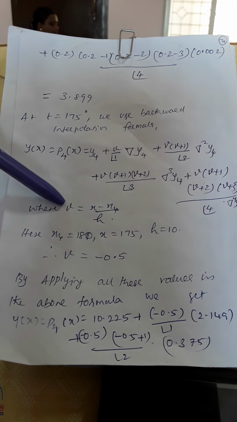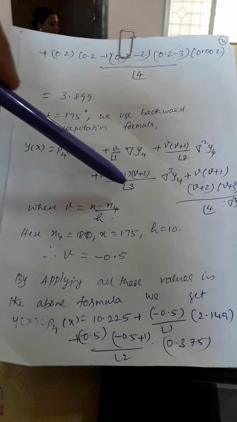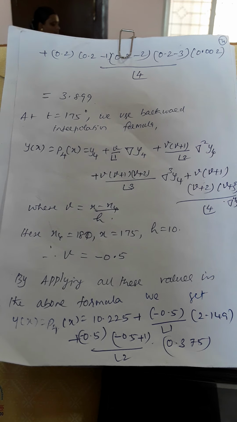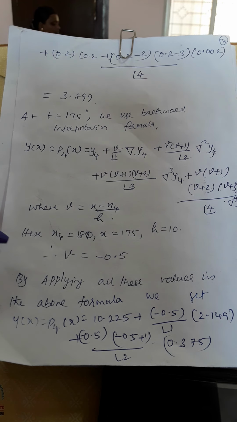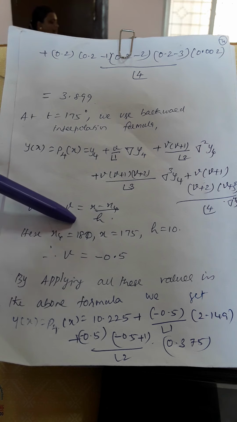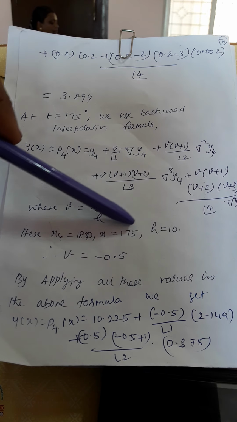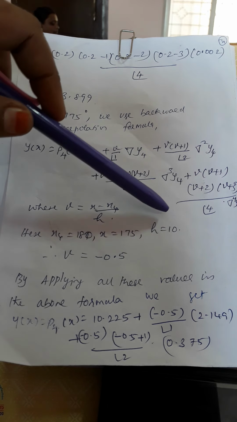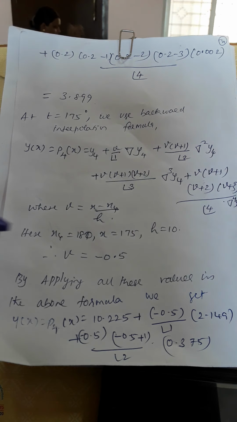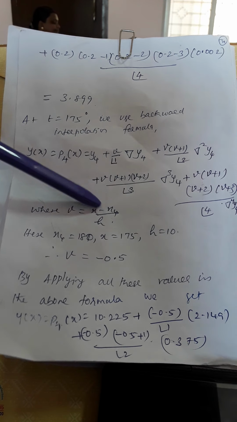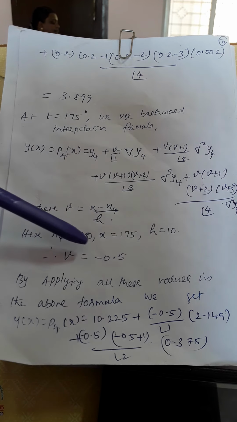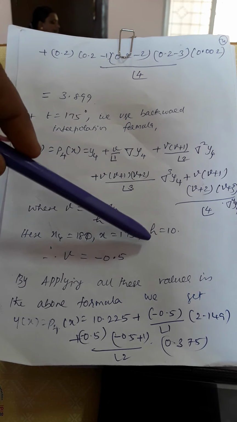Here v is given as x minus x4 divided by h. Here x4 is equal to 180, x equal to 175 and the interval gap h is equal to 10. By applying all these three values here, we can calculate v equal to minus 0.5.